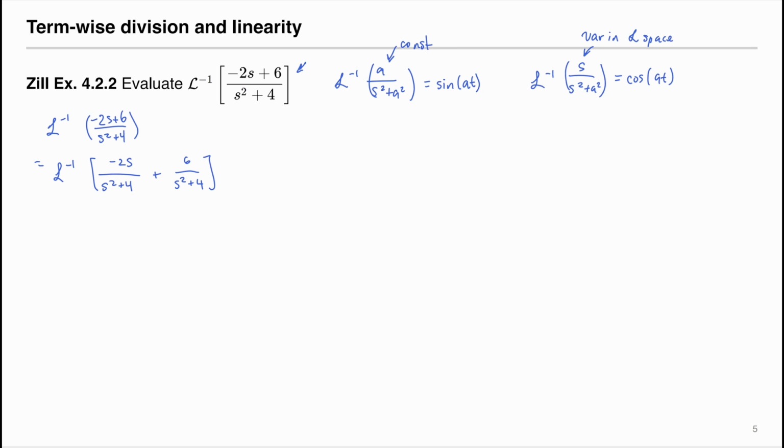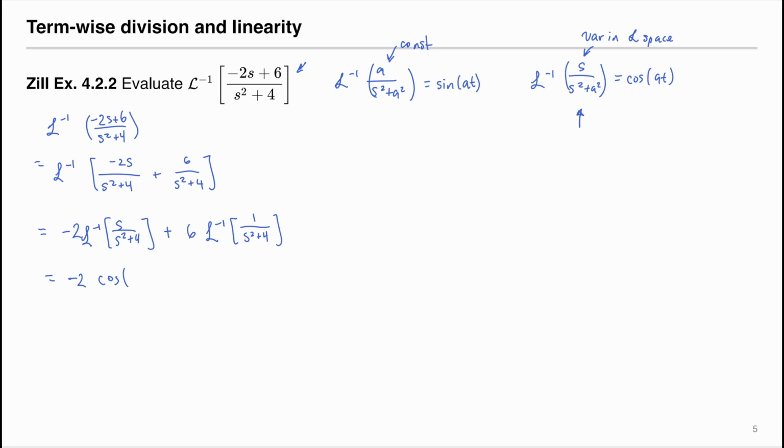Using the linearity of the inverse Laplace transform, we can have the inverse Laplace transform of the first term, where negative 2 is a constant that I can take out, s divided by s squared plus 4, plus 6 is a constant I can take out, and the inverse Laplace transform of 1 over s squared plus 4. In the first term, we have s at the top, so we use the cosine one.